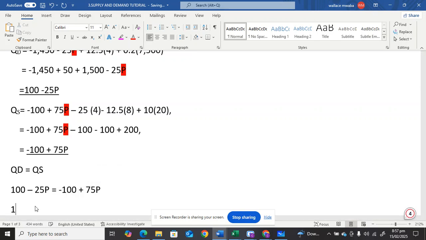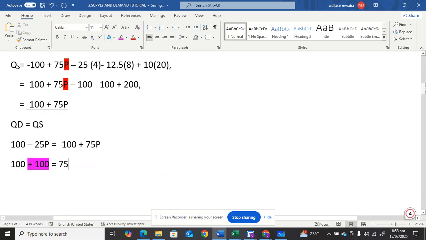So on our left-hand side, we're going to have 100 plus 100, the other 100 that came from the other side, equals 75p plus 25p.